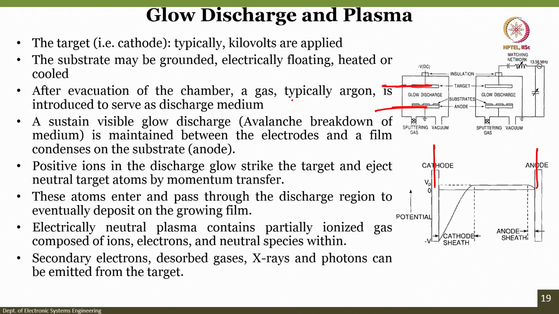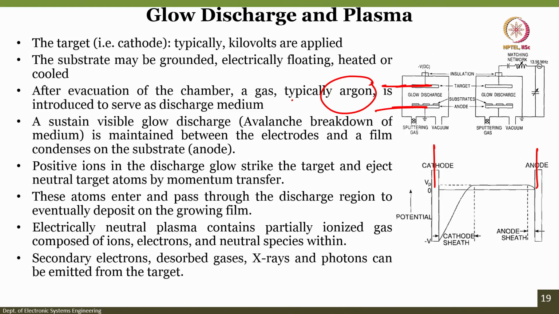The substrate may be grounded, electrically floating, or heated or cooled. After evacuation of the chamber, a gas, typically argon, as I told, is used as a sputtering gas. It is introduced to serve as discharge medium, and a sustained visible discharge called avalanche breakdown of the medium is maintained between electrodes, and a film condenses on the substrate, which is the anode.